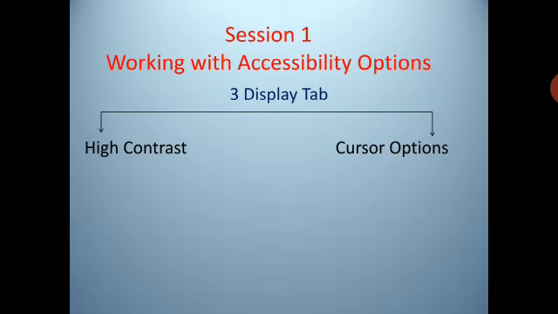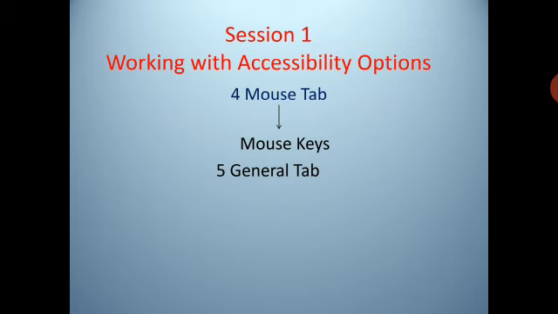The fourth tab of the accessibility option is Mouse tab. When you select this tab, a window will display with the option Mouse keys. This feature helps people who have difficulty in using a mouse.